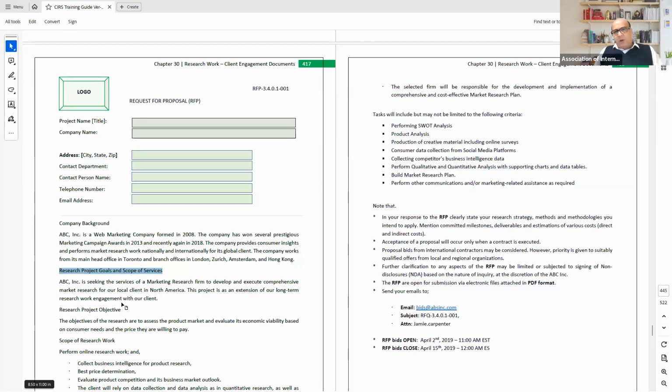Scoping a research project comes in two formats. One we call broad scope, and the other is called narrow scope. Broad scope means that not much information is revealed. They're just using generic terminologies and giving a brief on what they require in the general sense, not being very specific, but opening up a lot of ideas that can come back to them from your response to proposals.